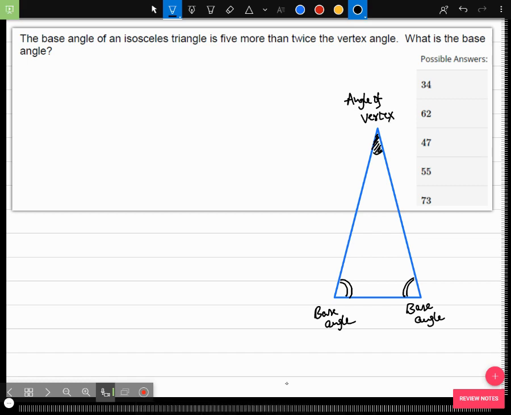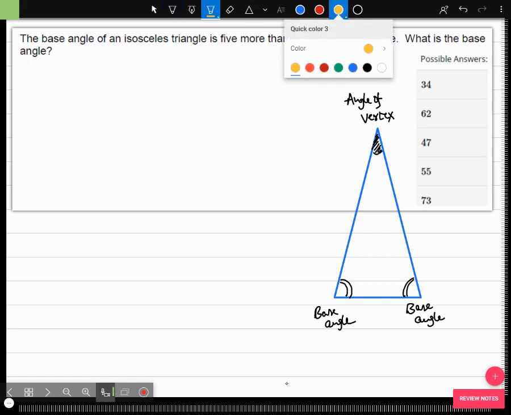Now let's quickly jump to the topic. Here I see that the base angle of an isosceles triangle is 5 more than twice the vertex angle.